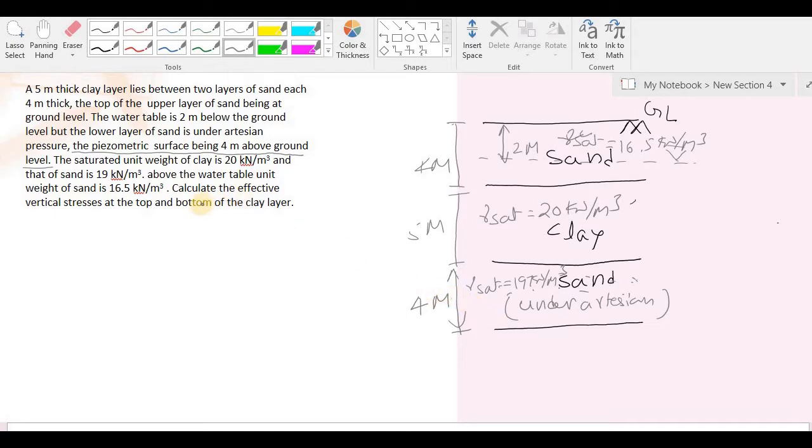He wants us to calculate the effective vertical stress at the top and bottom of the clay layer. So we need to calculate here. I'll say 1-1, and here I'll say 2-2.